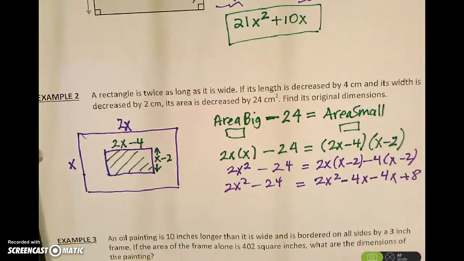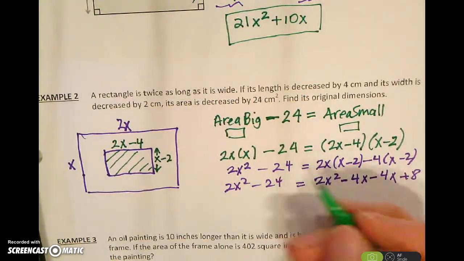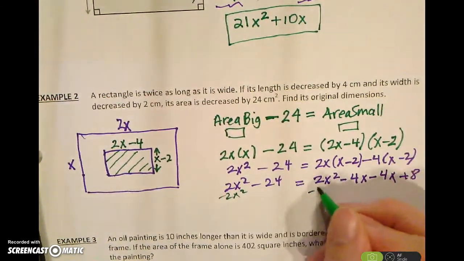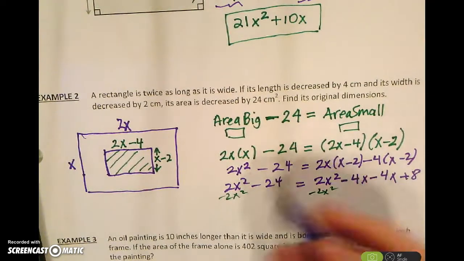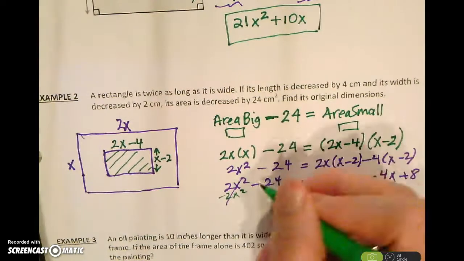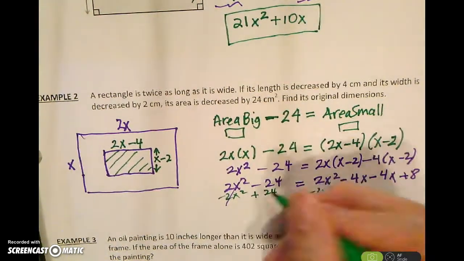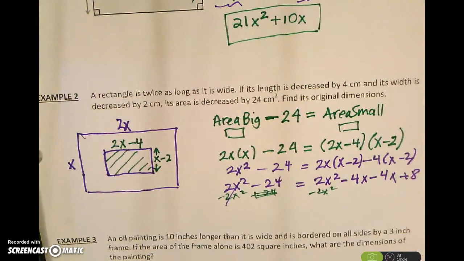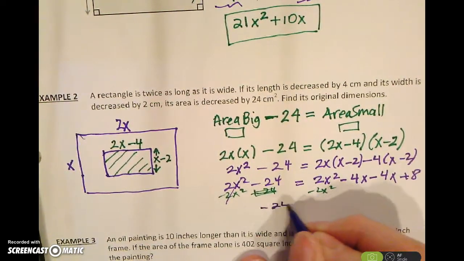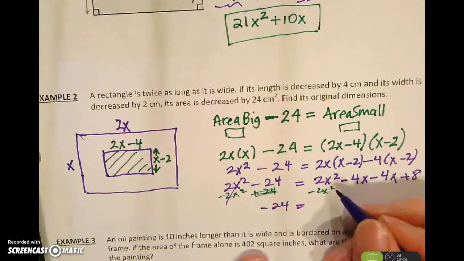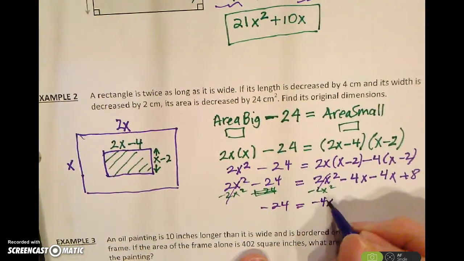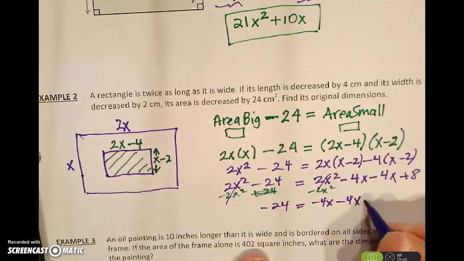Now I want to get my terms all to one side, so I'll subtract this 2x squared from both sides. That's going to leave me with negative 24 is equal to, well, this is gone as well, negative 4x minus 4x plus 8.